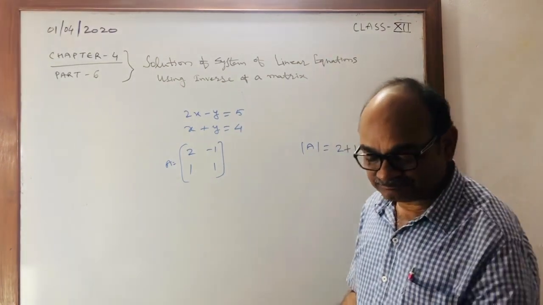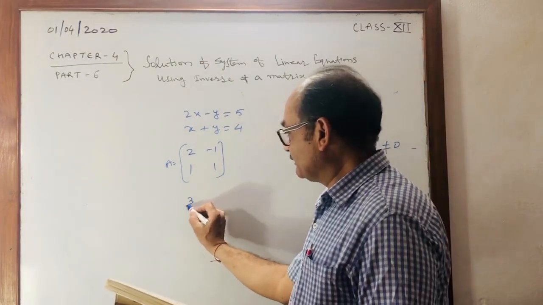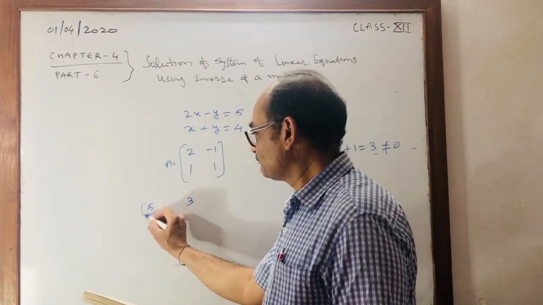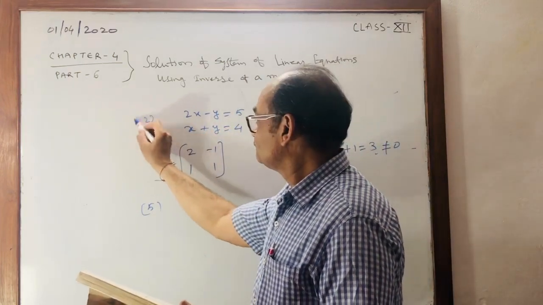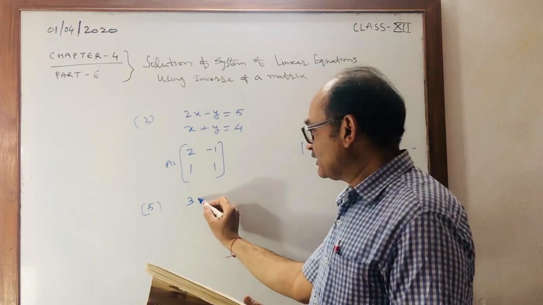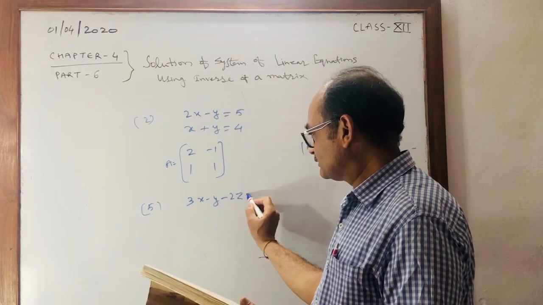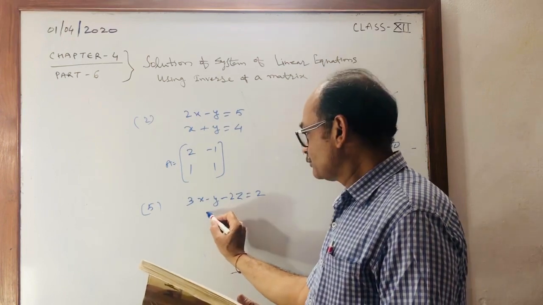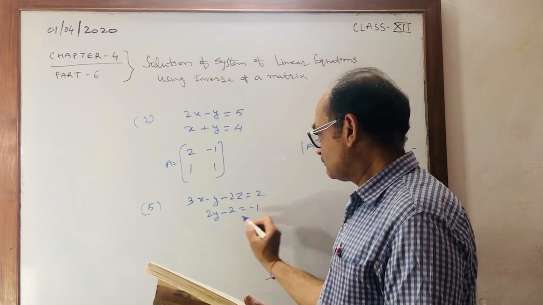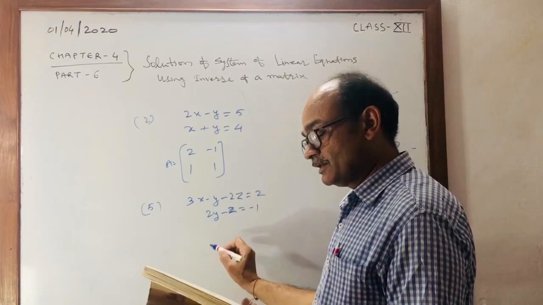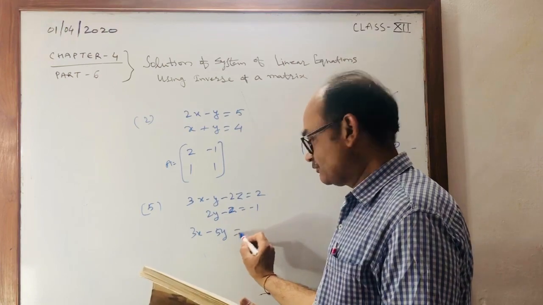One more question. Question number 5. This was question number 2. 3x minus y minus 2z equals 2, 2y minus z equals minus 1, and 3x minus 5y equals 3.